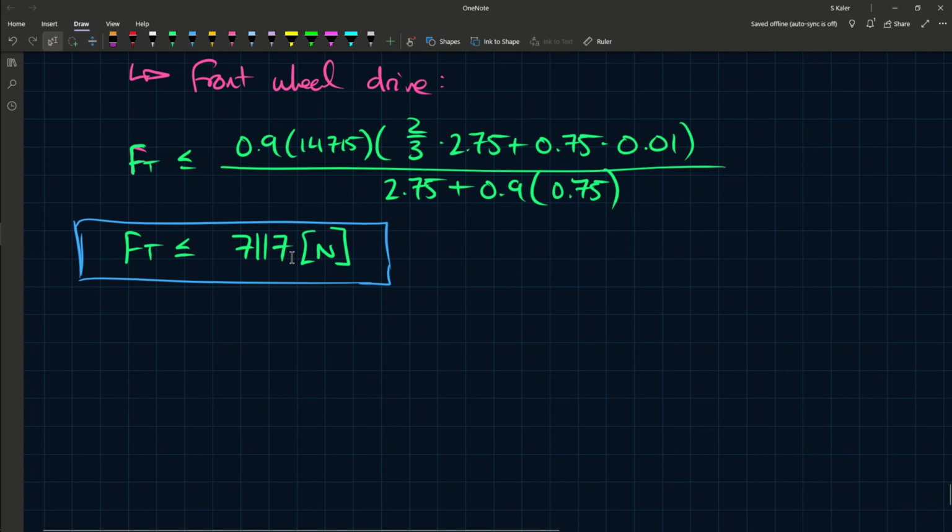Now, of course, it's impossible to know what 7,117 newtons of force actually is, but you can convert that into a torque. You can use that to get a power, to determine what your speed can be, what your acceleration can be, and what torque you need.